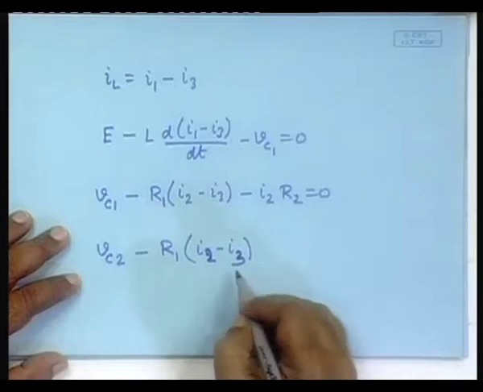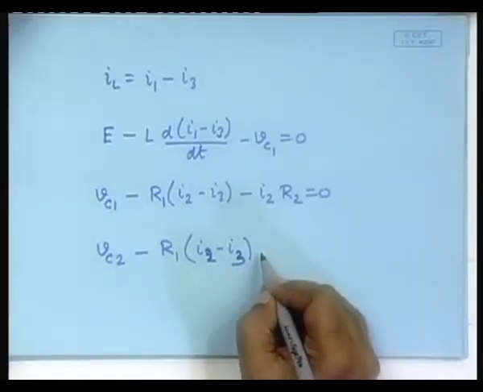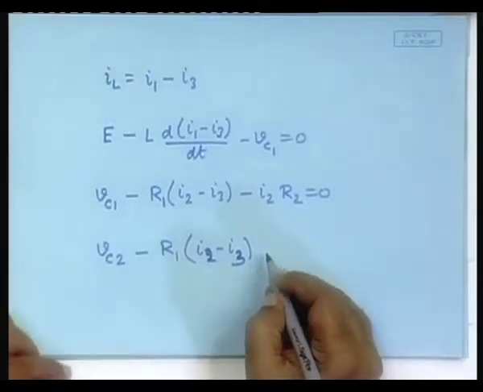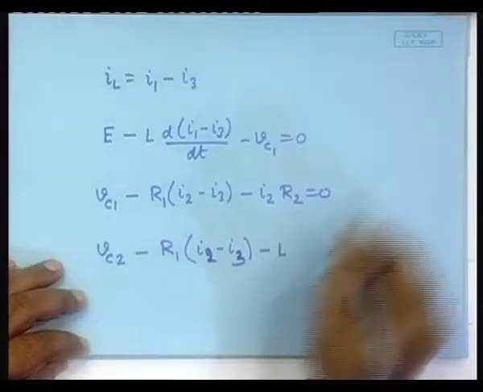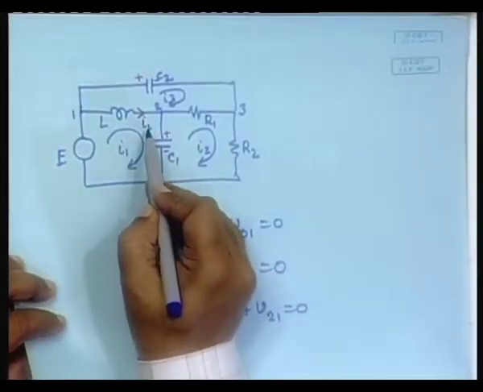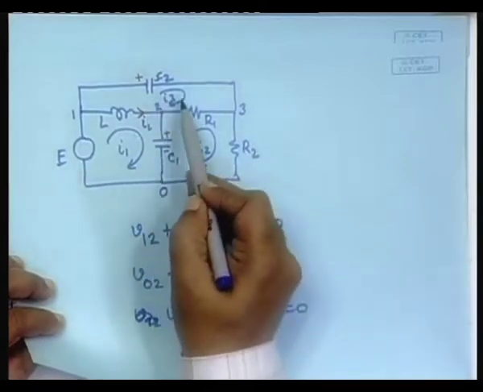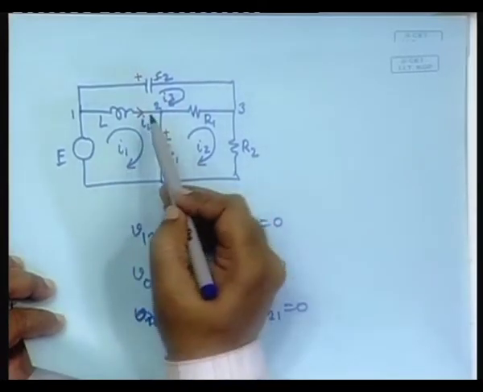Then minus L. Now notice the direction, this was the direction of IL, I am going this way, it is I3 minus I1 is flowing this way.